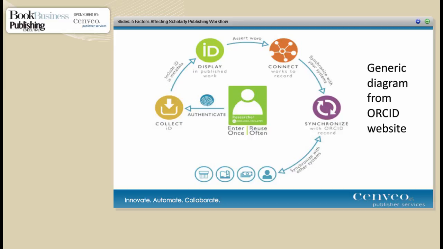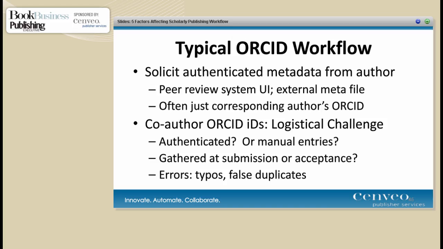Typical ORCID workflow. The most common current workflow is to collect an authenticated ORCID ID from the submitting author via the peer review system and then transfer that via external metadata files to production for incorporation into the XML full text. One logistical challenge is how and when to get the co-author's ORCID IDs, and would those also be authenticated or just manually entered?